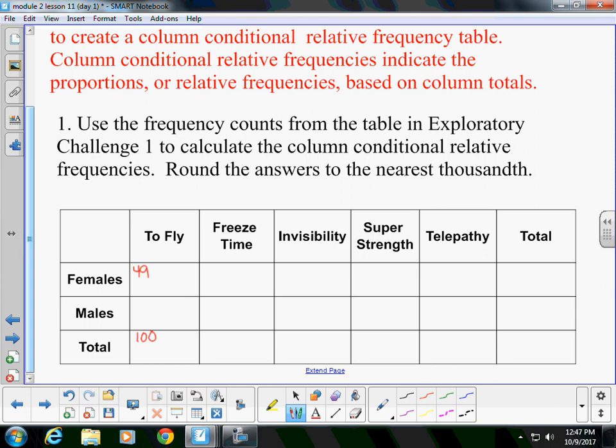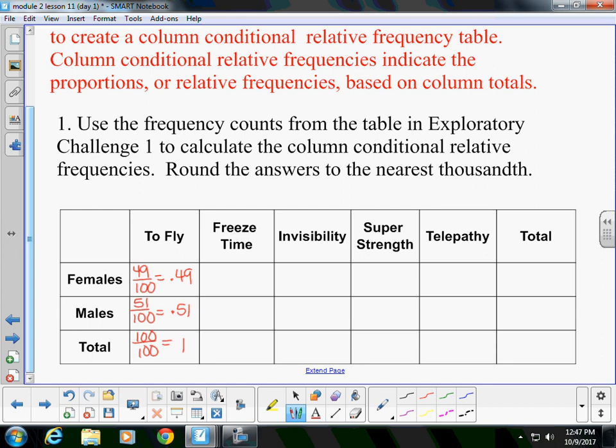So we would take the females and divide that by 100. We're always going to divide fly by 100 because that was the total. Males was 51, and we'll divide that by 100. Dividing by 100 is pretty nice because all you have to do is move the decimal over. It's the same idea as getting a percent. So this time our columns at the bottom should all come out to 1.